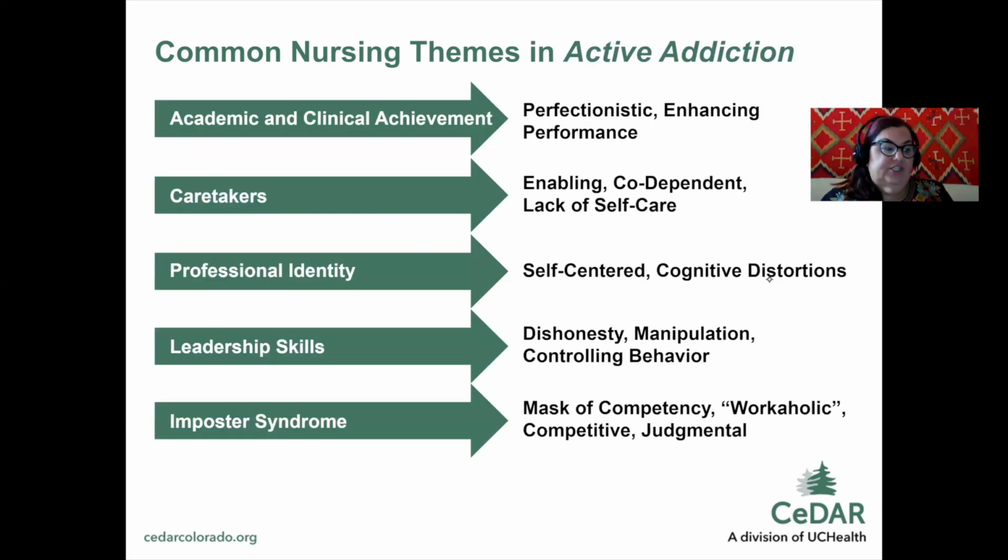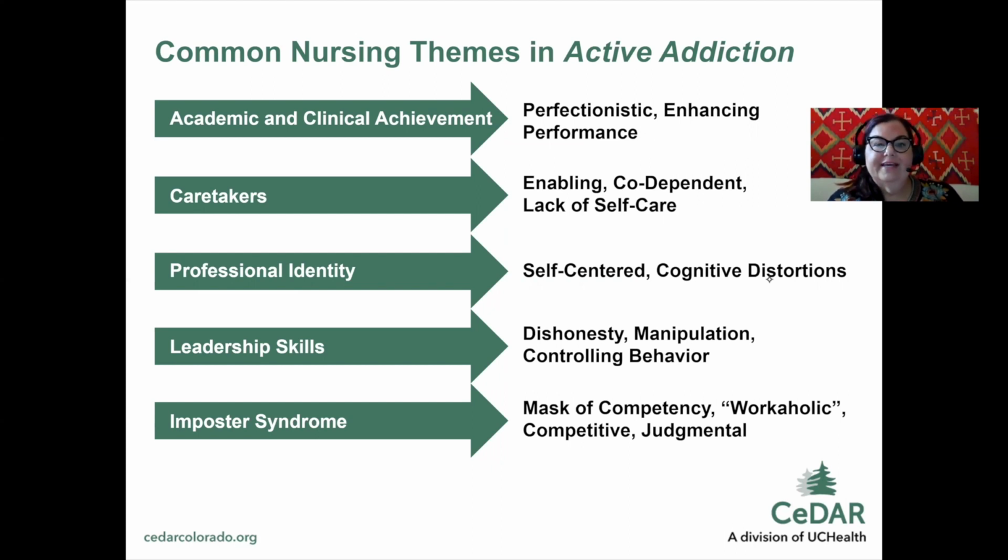So in active addiction, these nursing themes become distorted. Academic and clinical achievement can turn into perfectionistic behavior, or even using substances to enhance performance, like using stimulants to be able to work longer hours, or using pain medication to push through when we're feeling pain and discomfort.